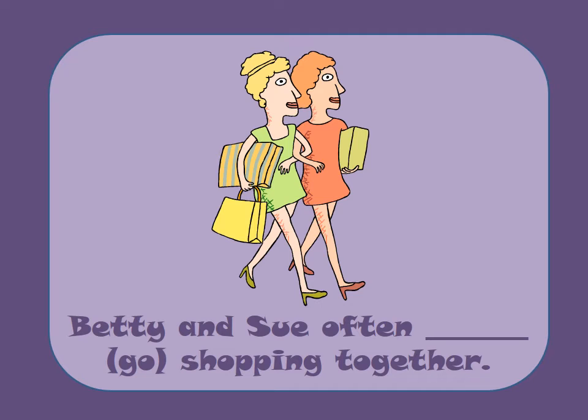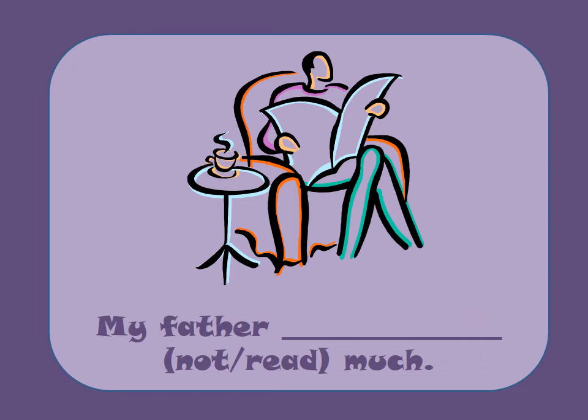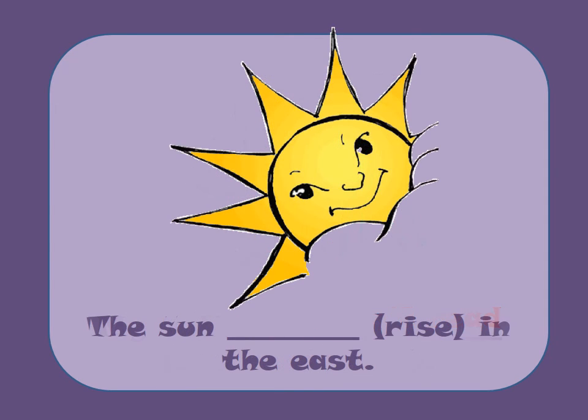So Patty and Sue are more than one. We'll keep the verb as it is. Go shopping together. My father not read much. This is a fact about my father. So negative with my father, it's going to be doesn't read much. In the east, this is a fact. So the sun rises in the east.